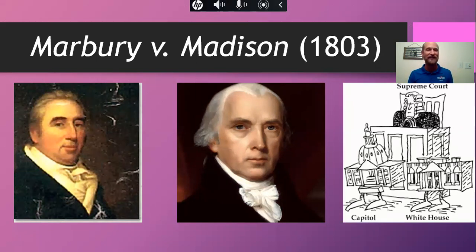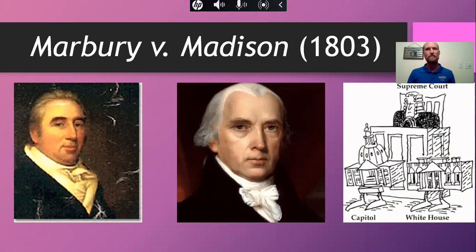Part of the Judiciary Act was illegal or unconstitutional. There's a part of the law that said that the Supreme Court had original jurisdiction over these types of cases and allowed the Supreme Court to order people to do things like give somebody their appointment.